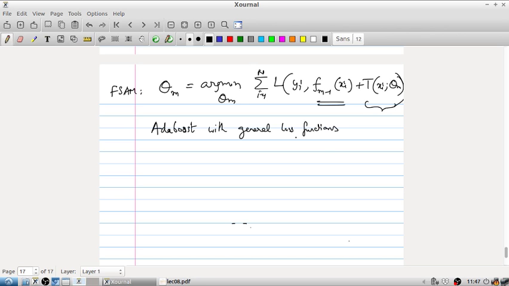But if you change the loss function arbitrarily, then computing the next tree in AdaBoost, the one which best fits this loss function, is computationally difficult.